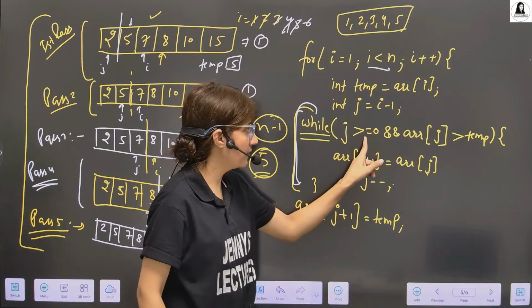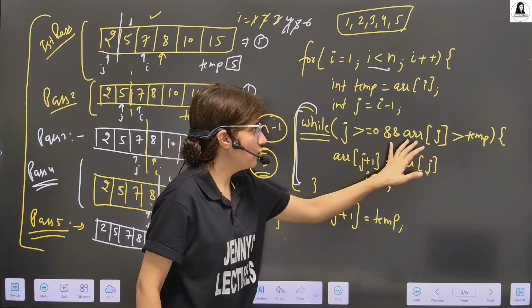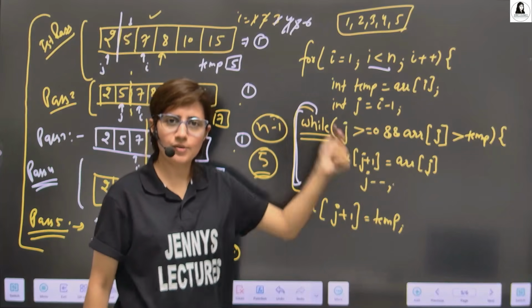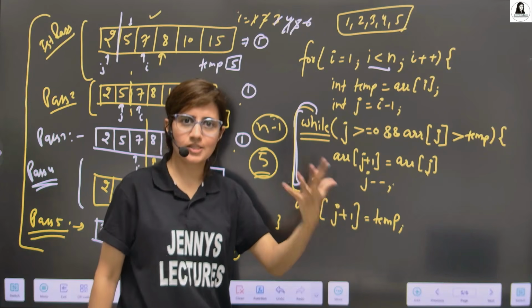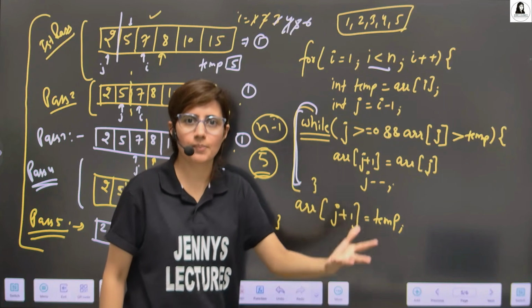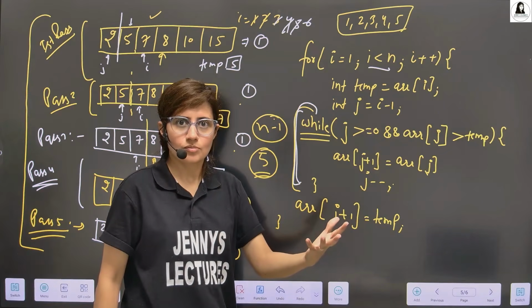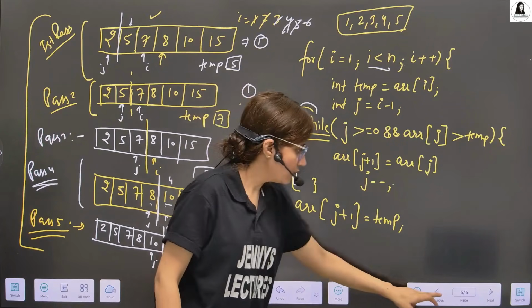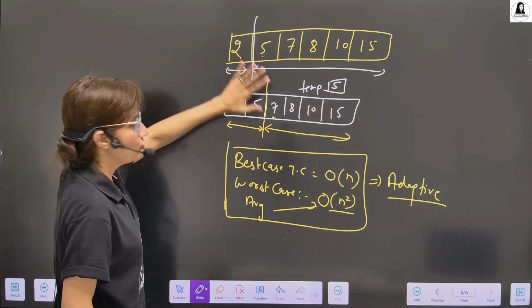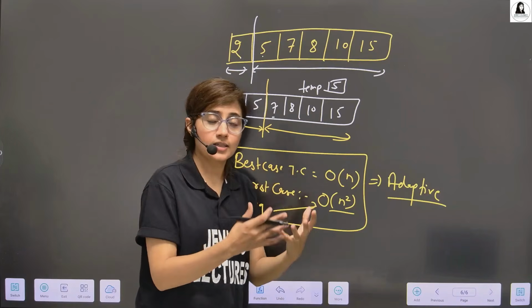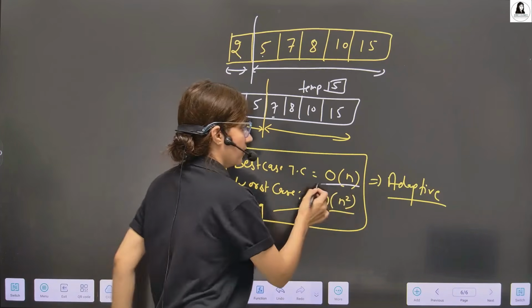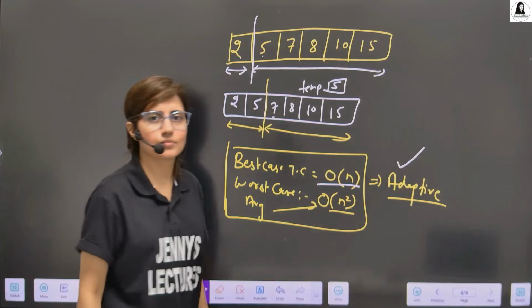Only one time we compare this and this because the conditions are not true, so we don't enter the loop. 5 passes, 5 comparisons; 6 passes, 6 comparisons; 10 passes, 10 comparisons, almost. Passes are n minus 1, so n minus 1 comparisons. So when the array is sorted, the time is decreasing accordingly. It's n. So yes, it is adaptive.